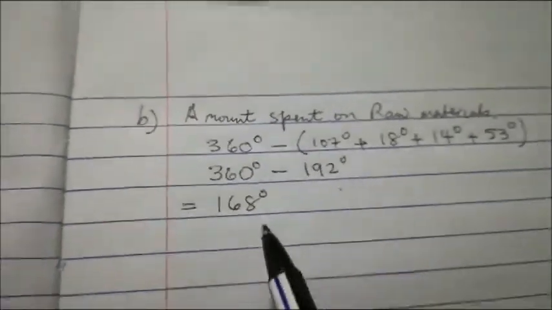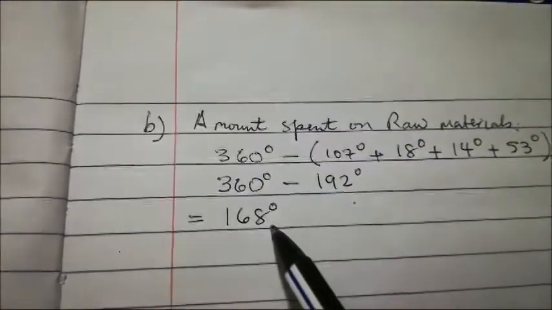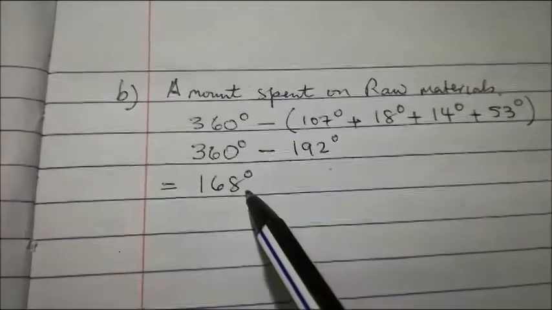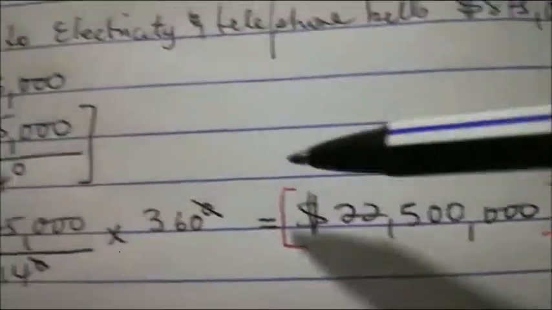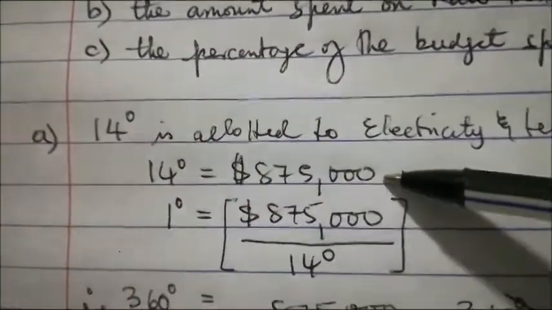So now that we know the measure of the raw materials, we can easily calculate based upon what we did before down here. We got the amount for this, which was 14 degrees. So we know that 14 degrees is equivalent to 875,000.